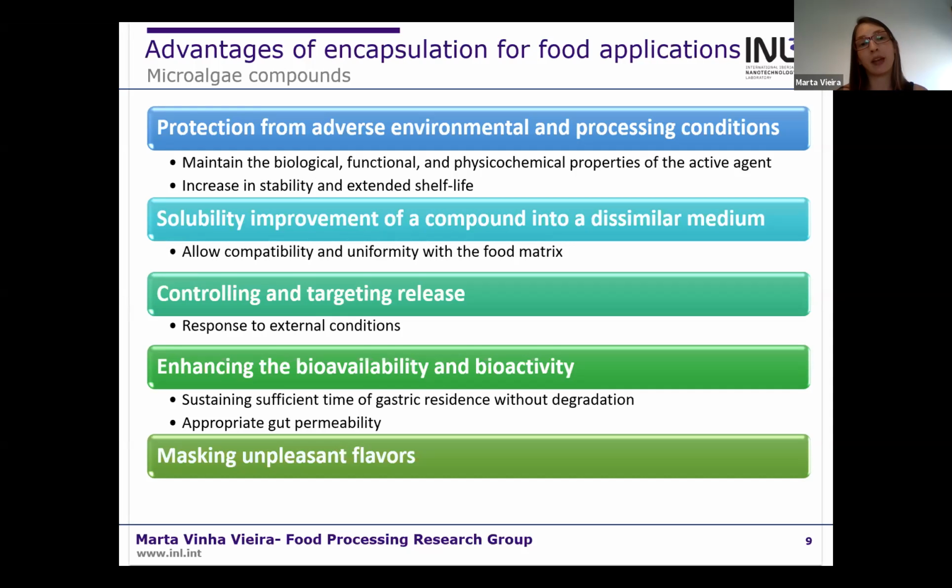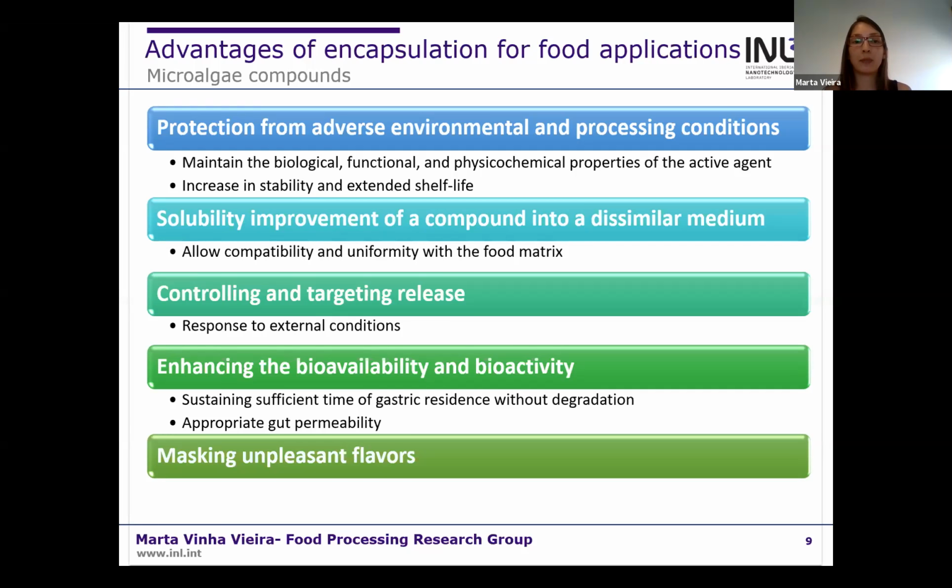Encapsulation is able to maintain the biological, functional, and physicochemical properties of the active agent, which will consequently increase the stability and extend the shelf life of a food product.